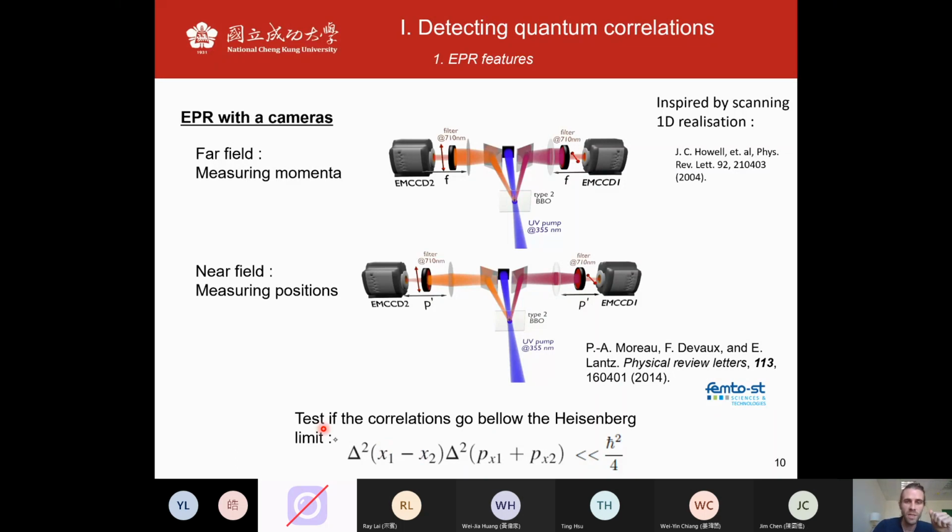And therefore, you can potentially use this state to perform some EPR steering. In this case, it's a particular form of EPR steering because things are symmetric between both sides. And therefore, you can steer equally both ways.